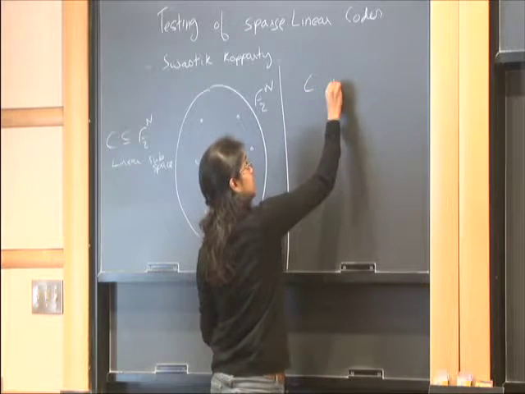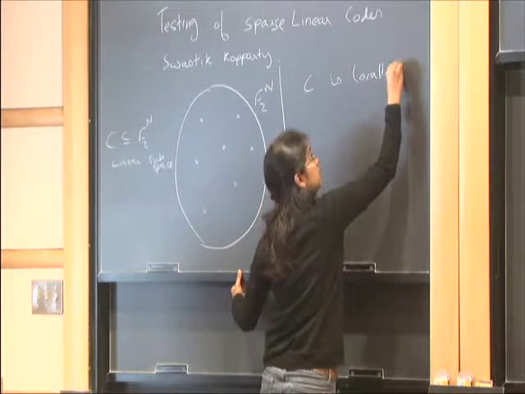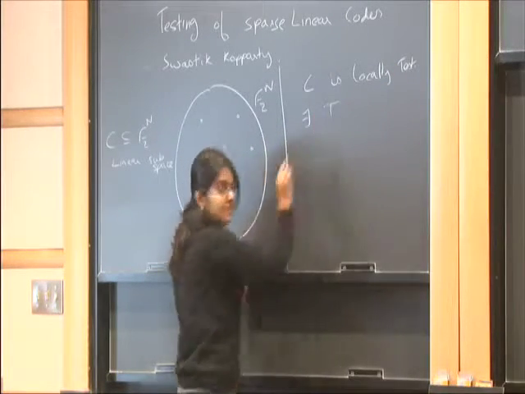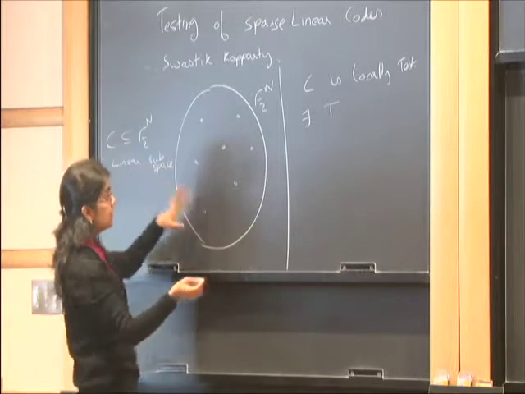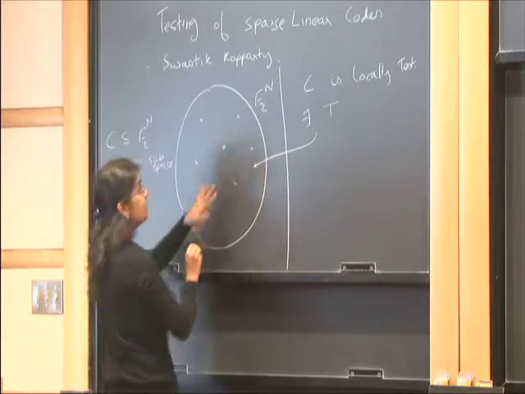Okay, and so I say that C is locally testable if there exists a tester T which behaves as the following. The tester gets as input some point in F2 to the n.